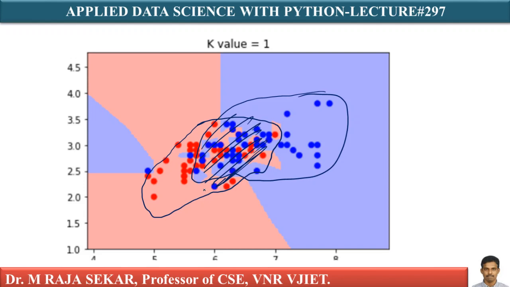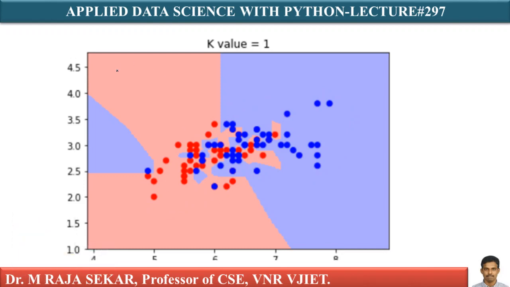One thing to note is, if the k value is 1, in this whole red region, just see, this is the red region, isn't it? Because there is one blue point here, let me say this is a blue point.